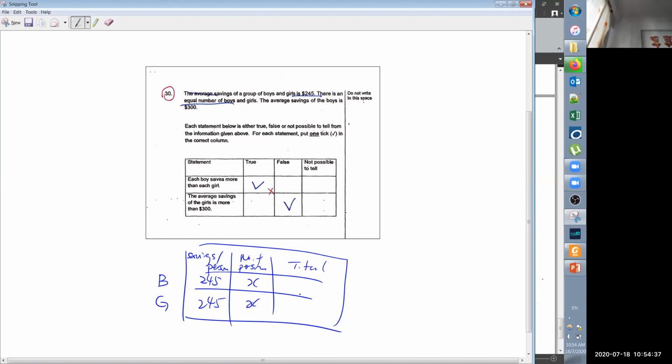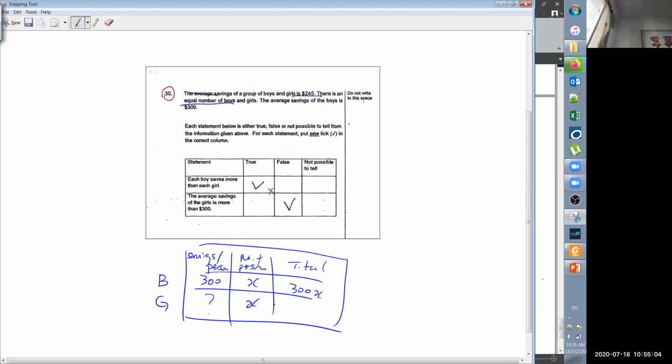Then the average savings of the boys is 300. So I can actually take this as 300. So the girls, I'm not sure. Okay, but the total here is 300x. Then over here, let's say this is what you need to find, right?